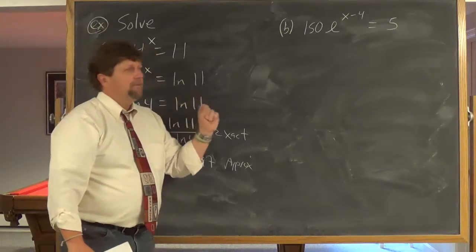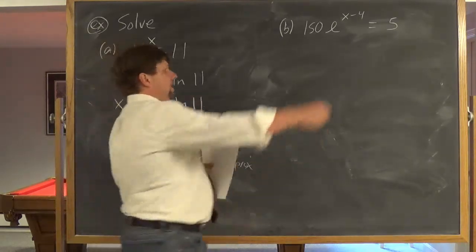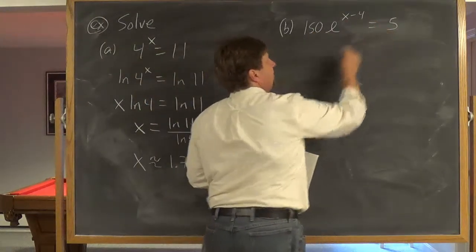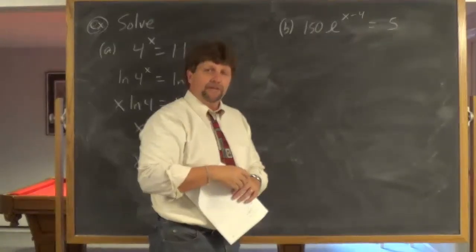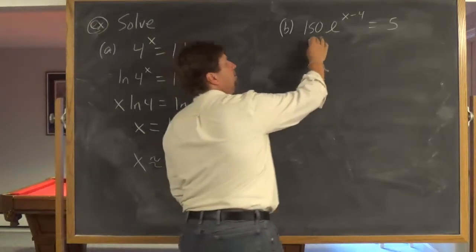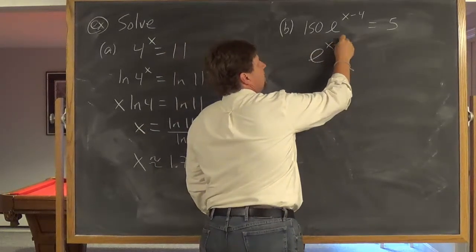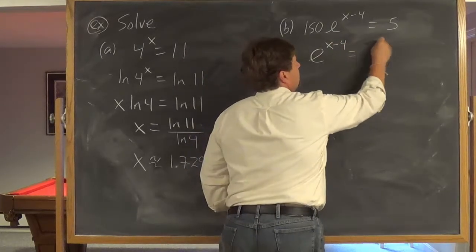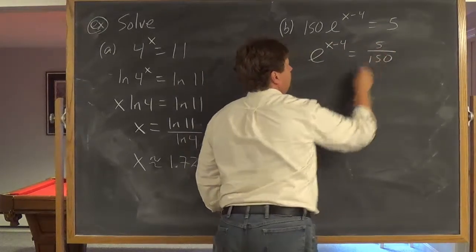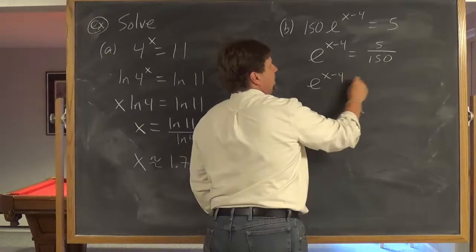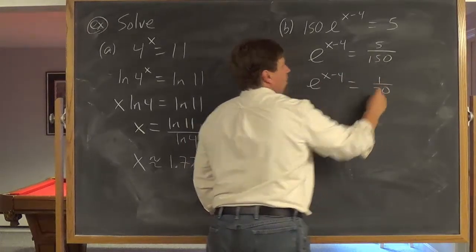Your first step here should be to divide both sides of the equation by 150. You divide both sides by 150, you get e to the x minus 4 equals 5 over 150, or e to the x minus 4 equals 1/30.